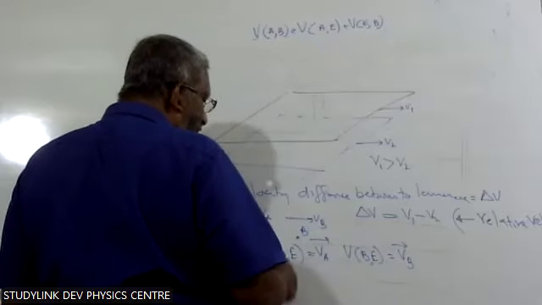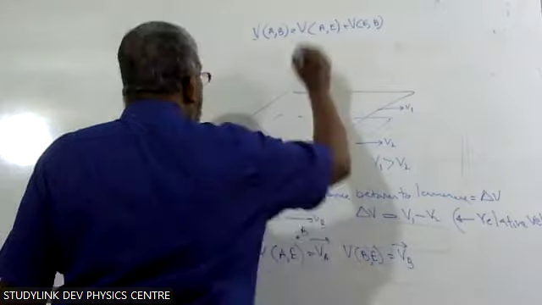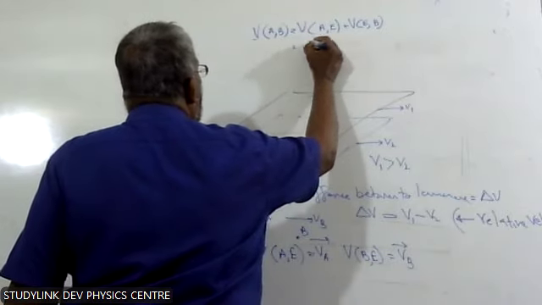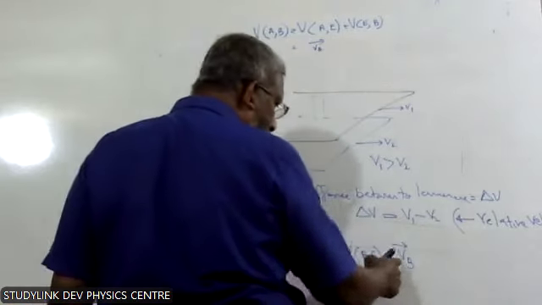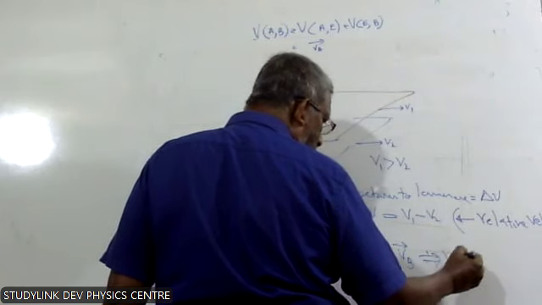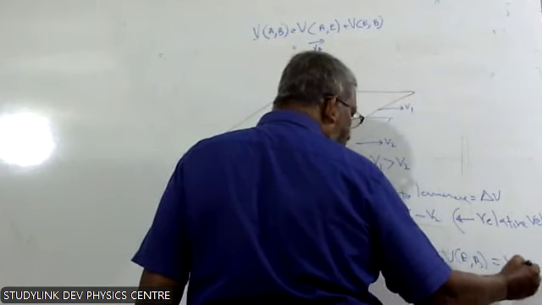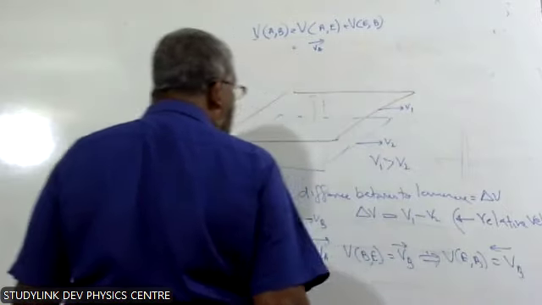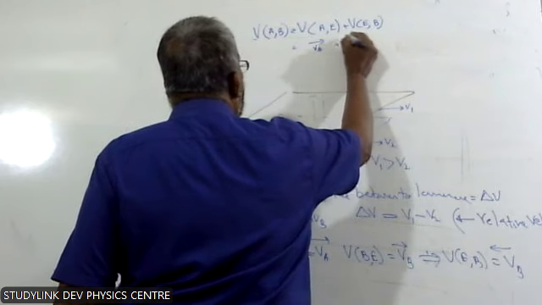Then VAE is in this direction, so therefore VA. VBE is in the same direction, therefore VEB is in the opposite direction having the same magnitude. So this is in the opposite direction.